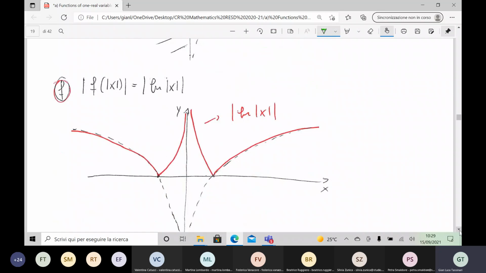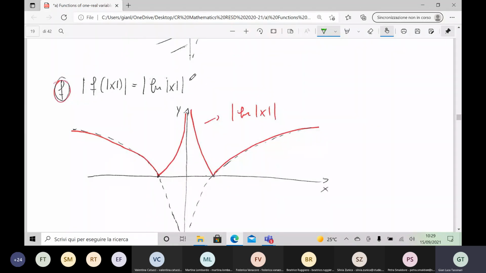Then guys, really, I want to finish this exercise, then we do a break, okay? But it's only an exercise, it's not difficult. So guys, in this case, look, we have absolute value of f of absolute value of x. In other terms, we want to plot absolute value of ln of absolute value of x. We can apply the same trick as before, because you have a function completely inside an absolute value.